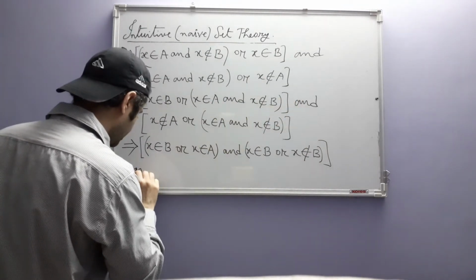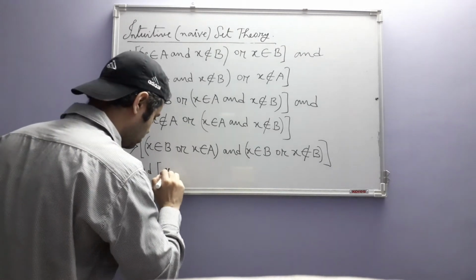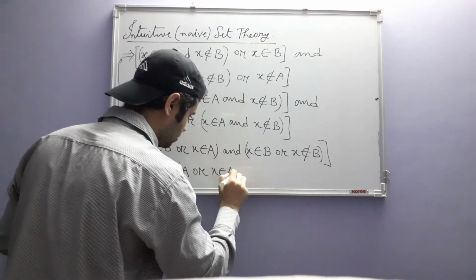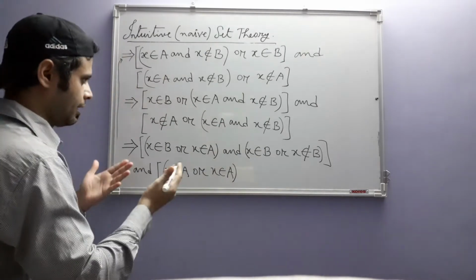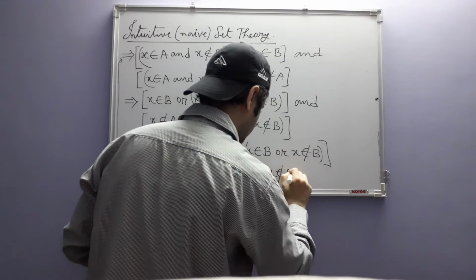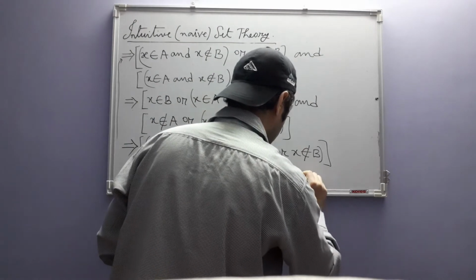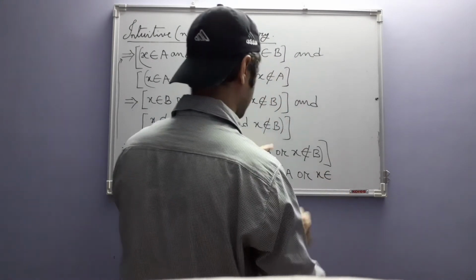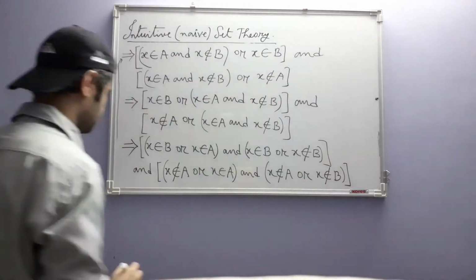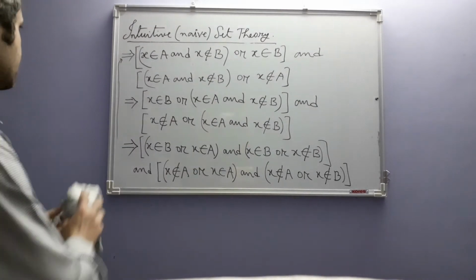That and outside is still there. Again we apply the distributive law. X does not belong to A or X belongs to A, and X does not belong to A and or X does not belong to B. Okay, now we have to make sense of these statements.